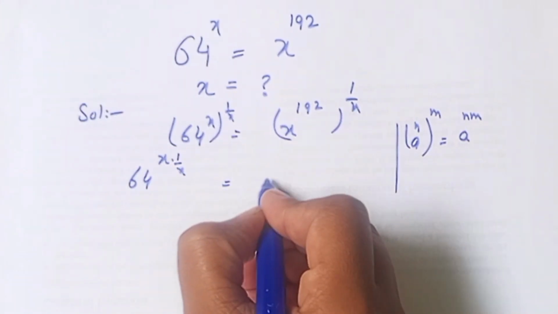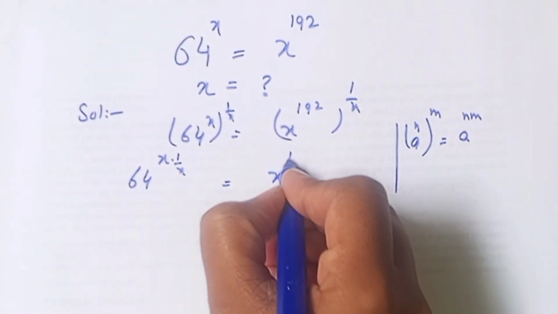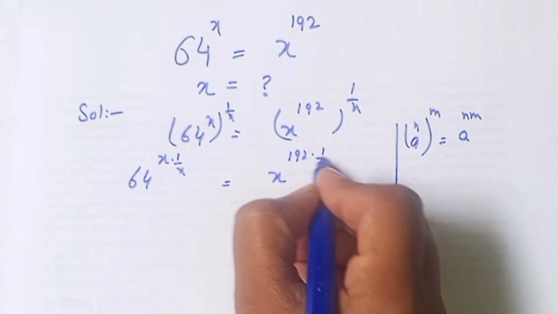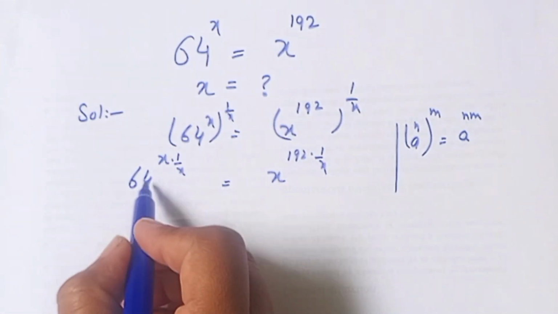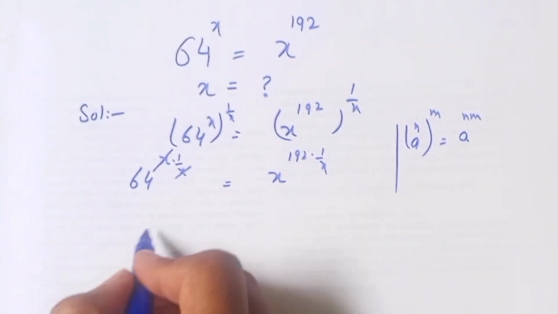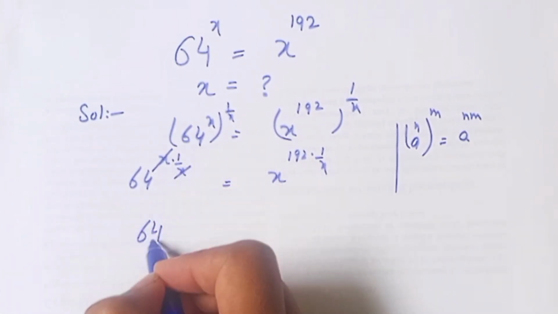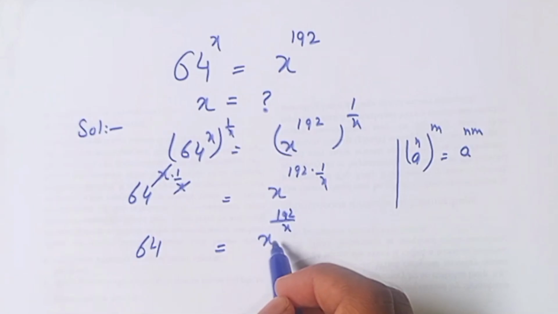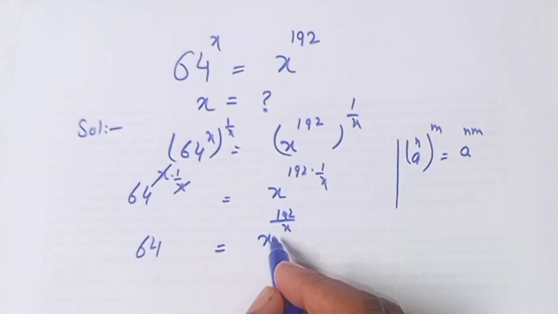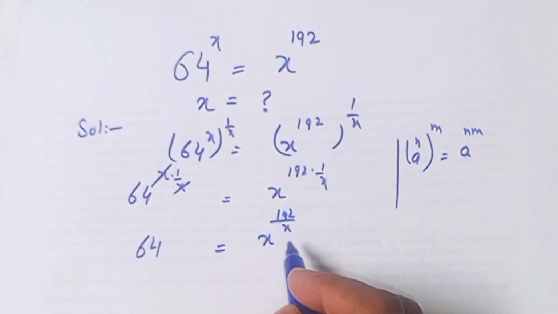And this will become x raised to the power 192 multiply 1 over x. So look at this, x and x will cancel. We just get 64 raised to the power 1, which is also equal to 64. This will become x raised to the power 192 over x.